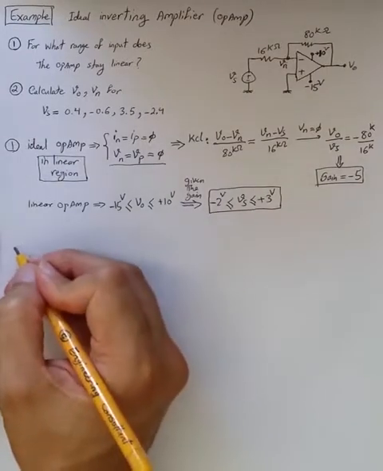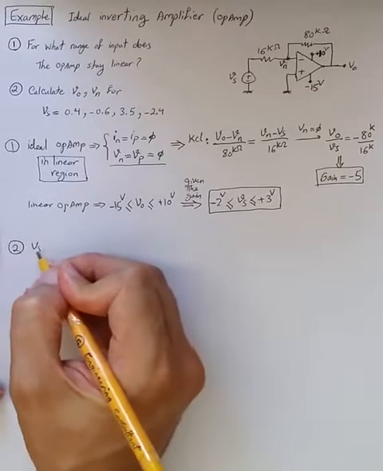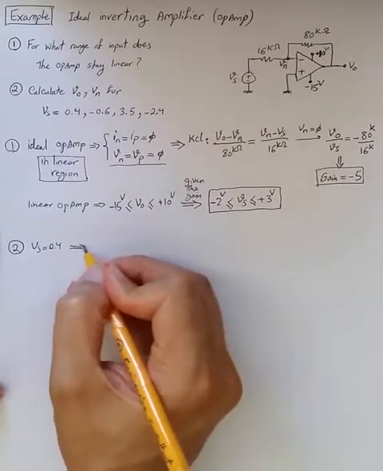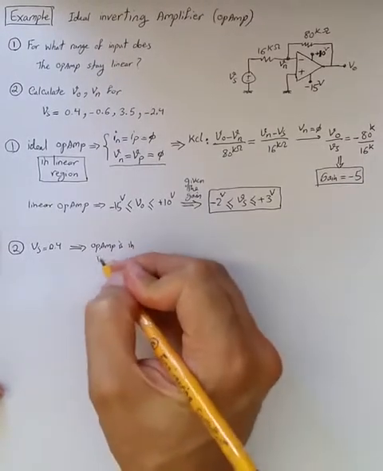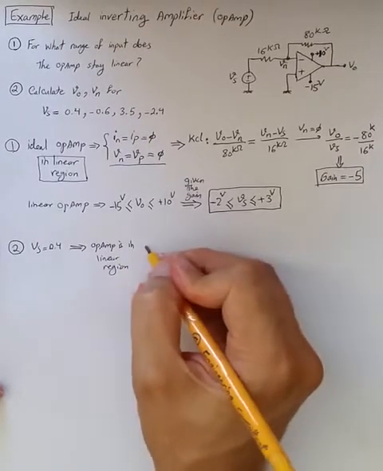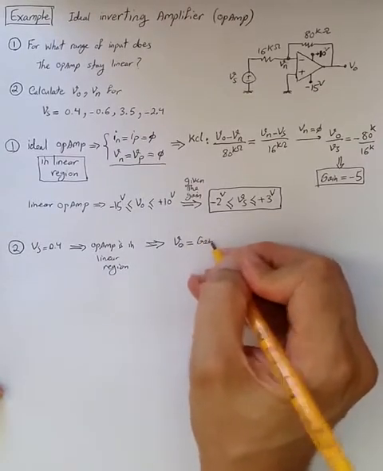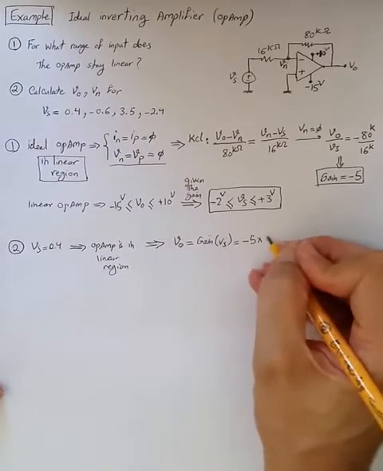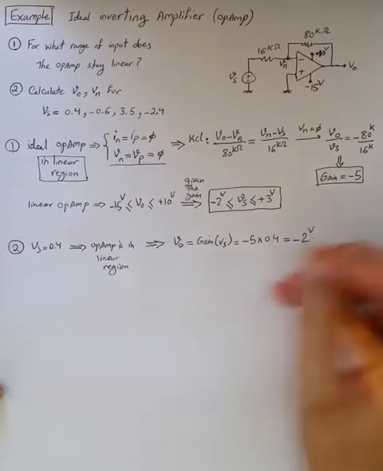That's part 1. Part 2. When Vs is 0.4, because it is in this range, we know the op-amp is in the linear region. Therefore, we can simply say V out is gain times Vs, which means minus 5 times 0.4, it is minus 2 volt.